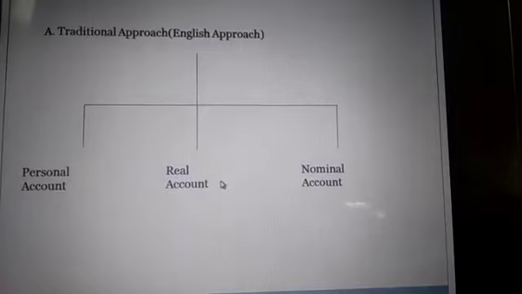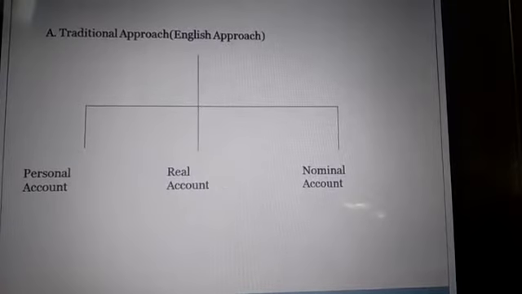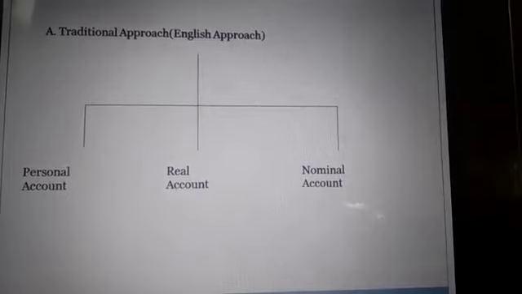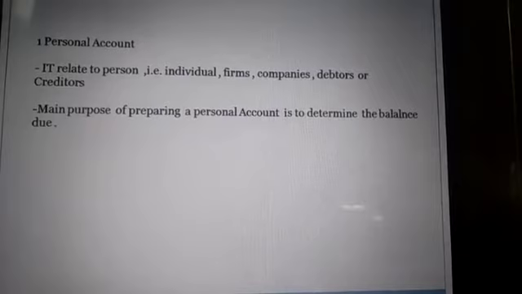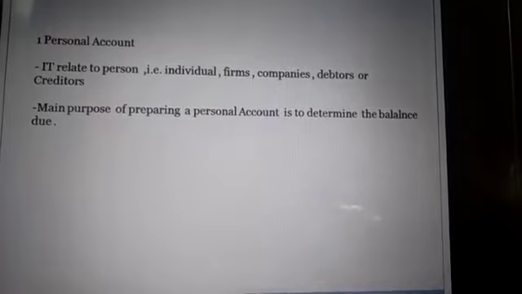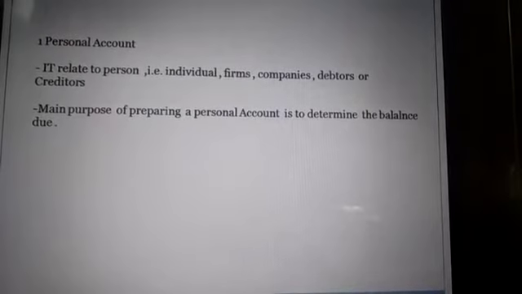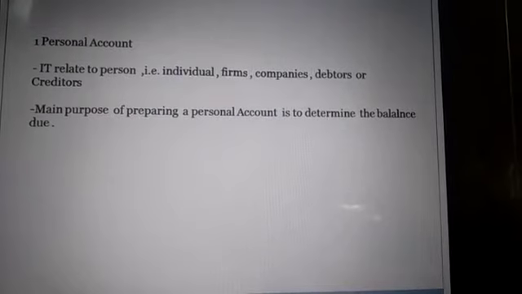So if we talk about the traditional approach, accounts are classified into three types: personal account, real account, and nominal account. Okay, let's go through it one by one. So what is a personal account? It relates to a person, individual, firm, company, debtor, creditor.